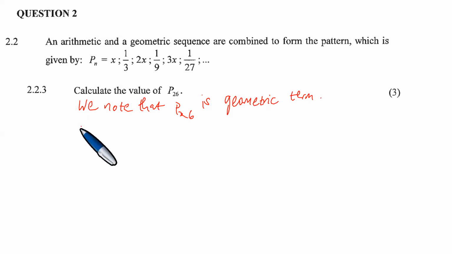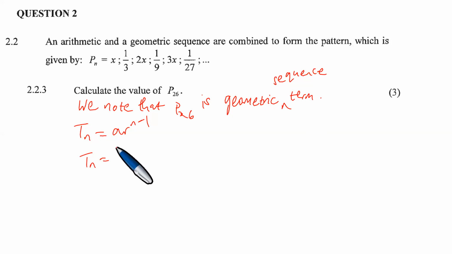So which means Tn, or the geometric sequence term, you can call it the geometric sequence term, which means ar to the n minus 1, which means you have the first term of the geometric. What is the first term of the geometric pattern at this point?